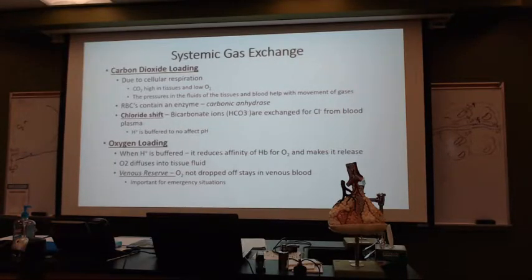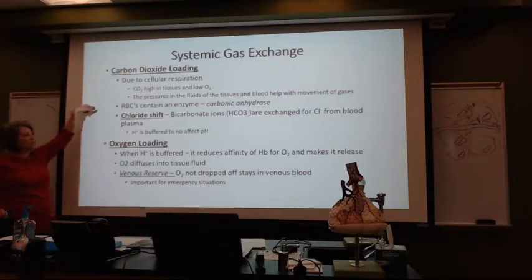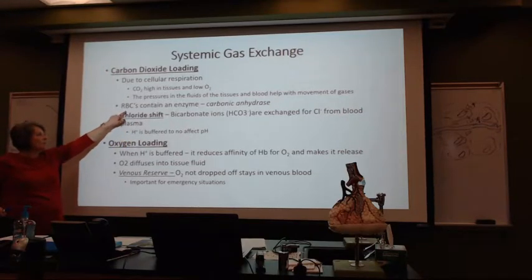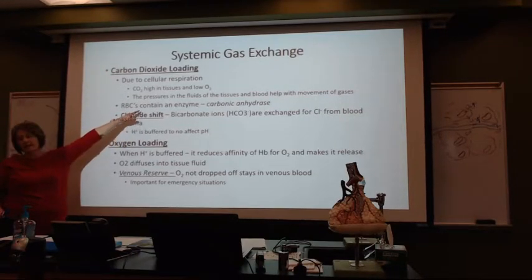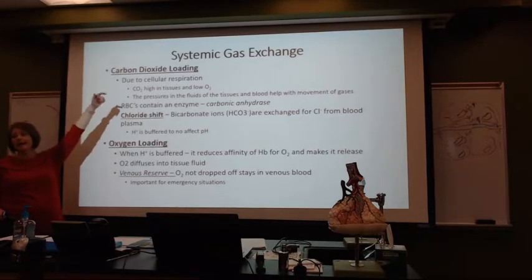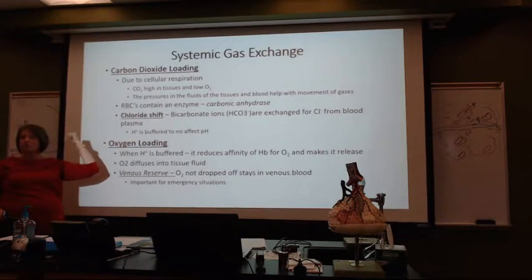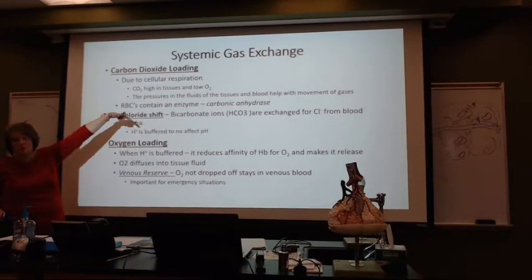Okay, but I got to have a high pickup rate also. So the more metabolically active, the more oxygen there is for demand. So when the CO2 gets picked up, my red blood cells, like I was saying, they help buffer the CO2.